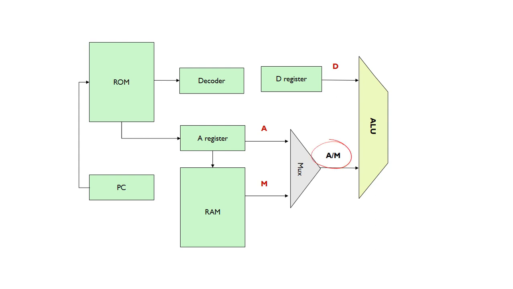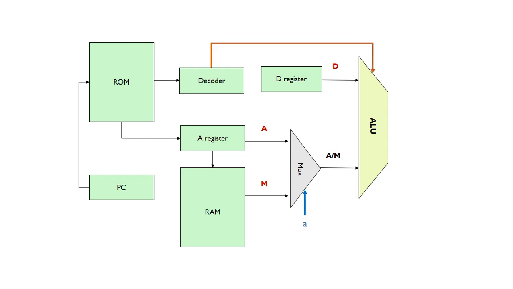When we built the ALU, that's essentially X, and this is Y. The Y input will be either A or M, depending on the value of the A bit. So the A bit controls the multiplexer and decides whether the A register goes to the ALU or whether we read from memory. And if we do read from memory, remember that the A register sets the address.